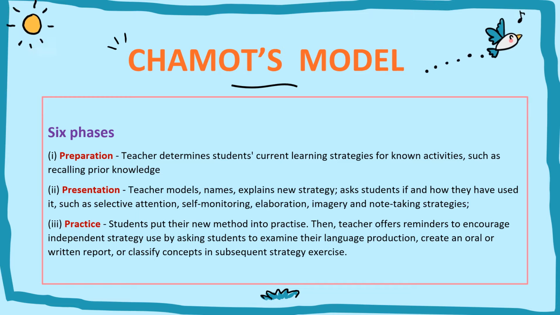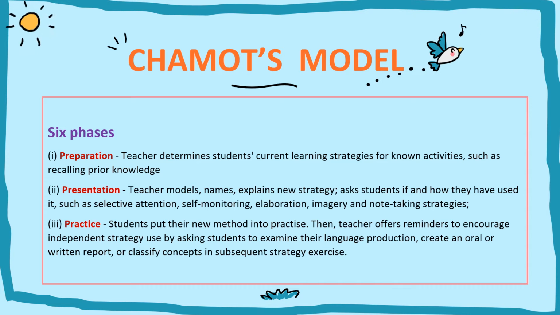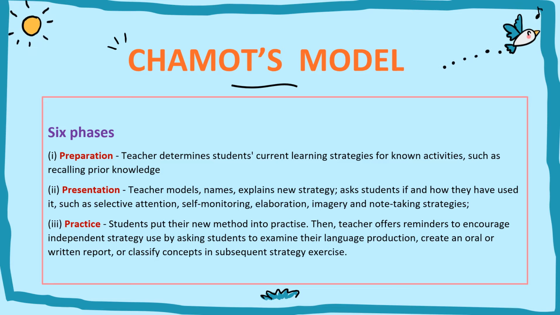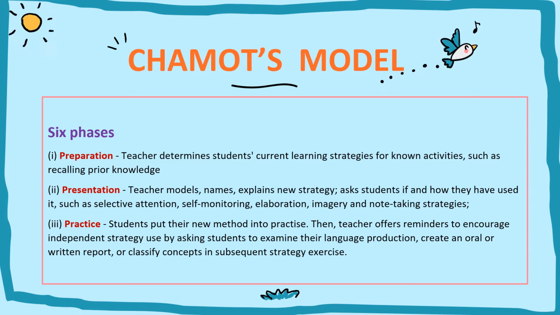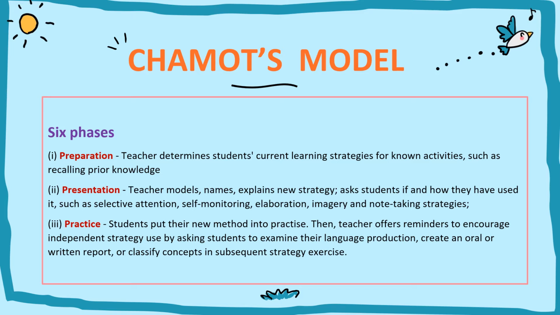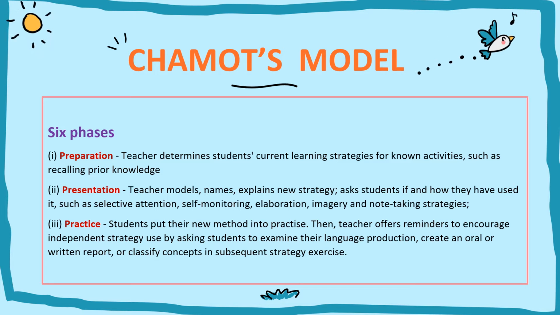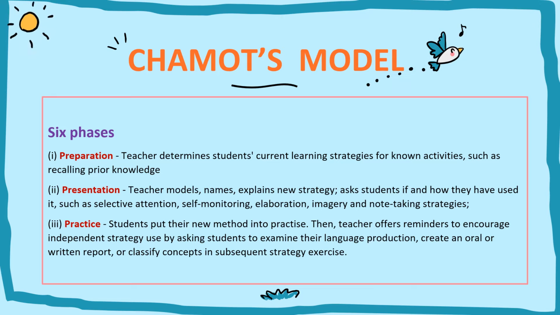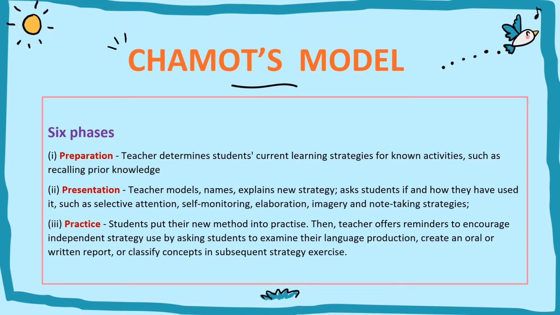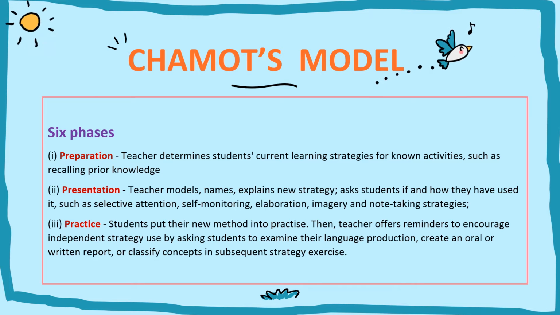There are 6 phases in the model. The first is preparation. In this stage, teachers determine students' current learning strategies for tasks and activities, such as recalling prior knowledge and previewing essential language and topics to be introduced in the class.